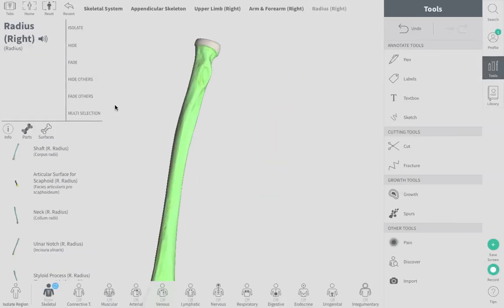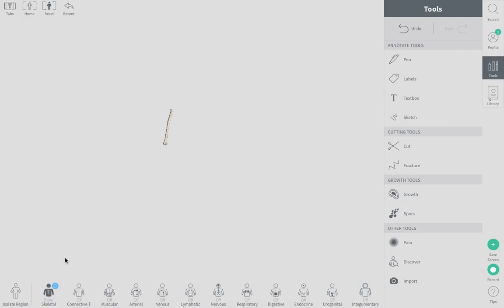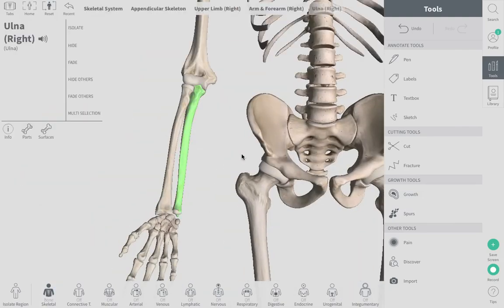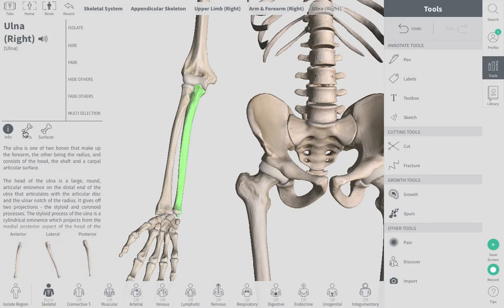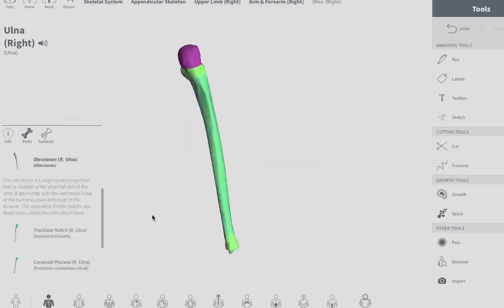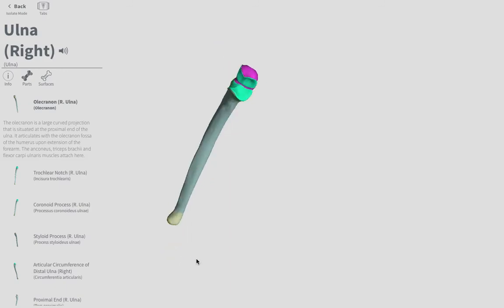Okay, our final long bone of the arm is going to be our ulna. The olecranon process of the ulna is going to be right up here.